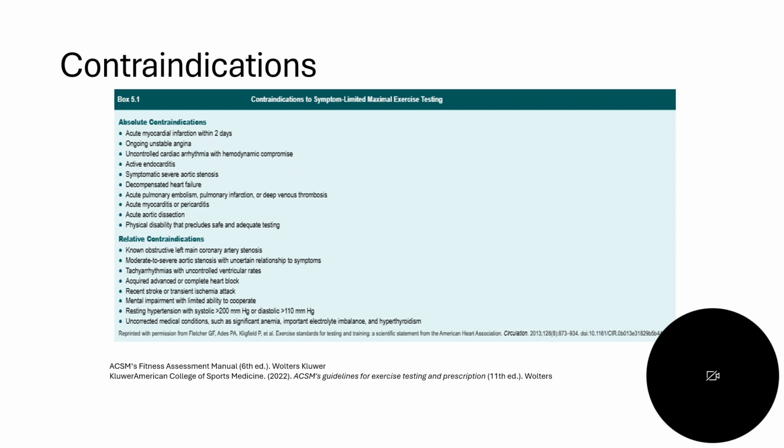Some of the absolute contraindications include acute myocardial infarction within 2 days, ongoing unstable angina, active endocarditis, symptomatic severe aortic stenosis, decompensated heart failure, acute aortic dissection, physical disability that precludes safe and adequate testing.